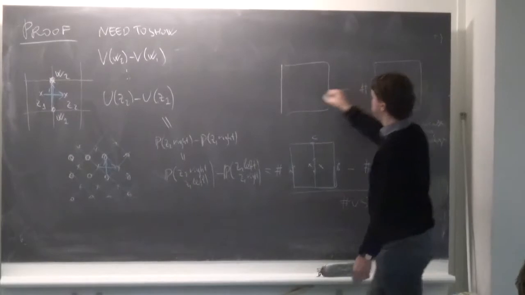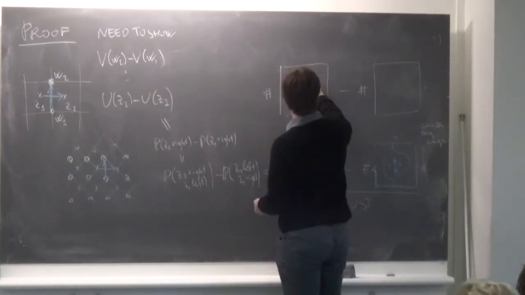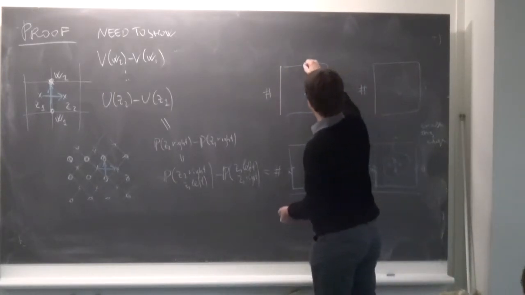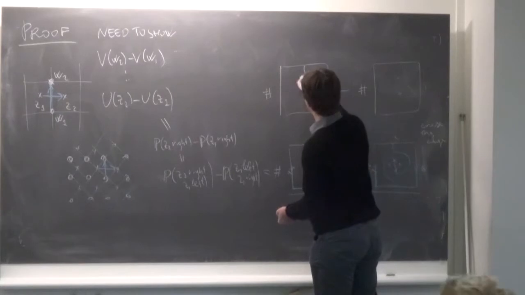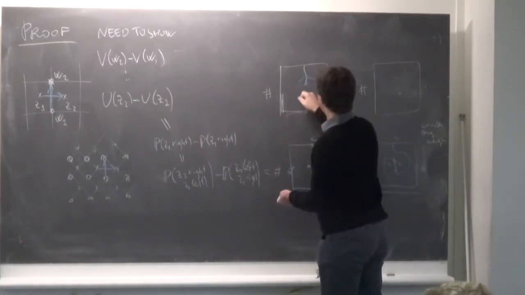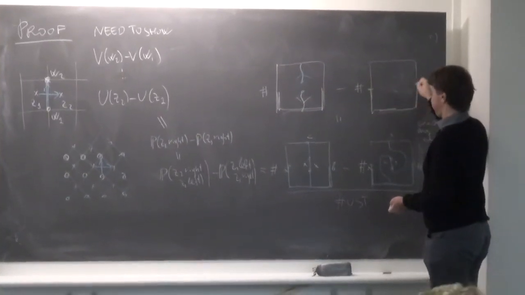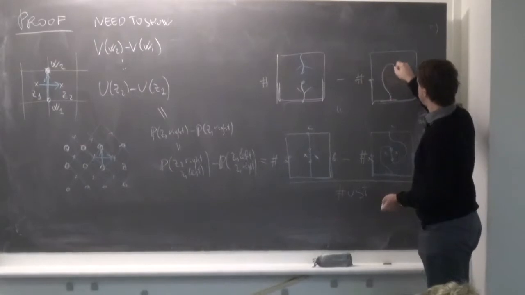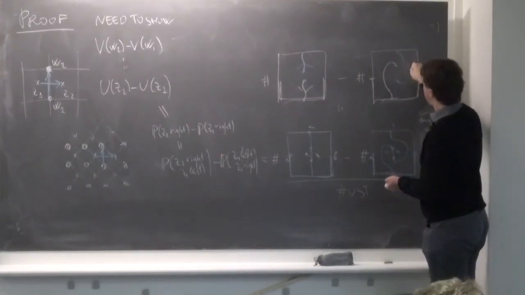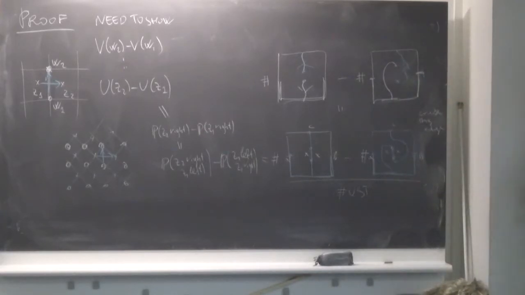And if I erase this edge, then I can rewrite the very same thing, but now I count not the pictures with Z1 and Z2, but pictures with W1 and W2. In the first case, my point belongs to the tree from above. And in the second case, my top point belongs to the tree from below, and the bottom point belongs to the tree above.